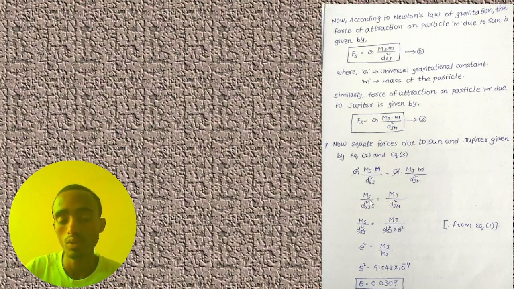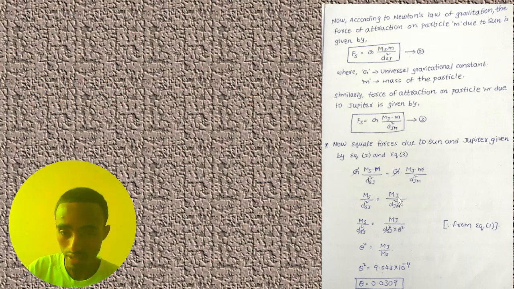We can equate this and cancel G and the mass of the particle. Here we are left with the mass of Sun over the distance between Sun and particle squared equals the mass of Jupiter over the distance between Jupiter and particle squared. After this, we can rearrange and get the ratio of the masses, and we can use the concept of arc length to solve this problem.